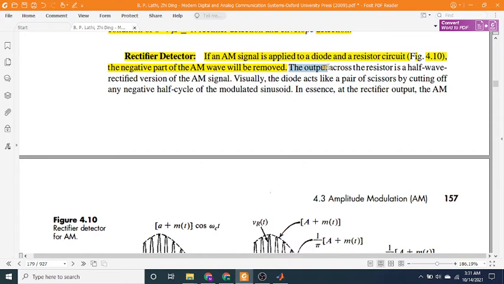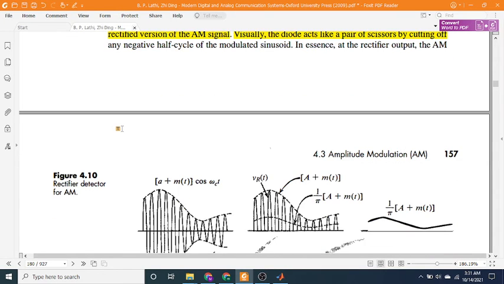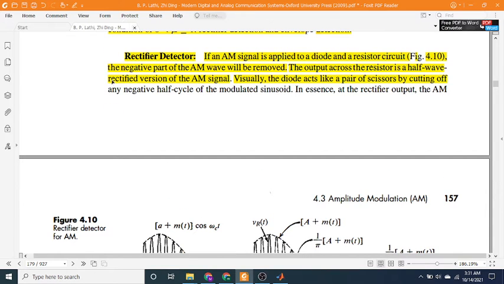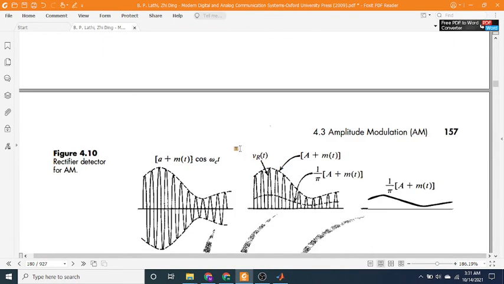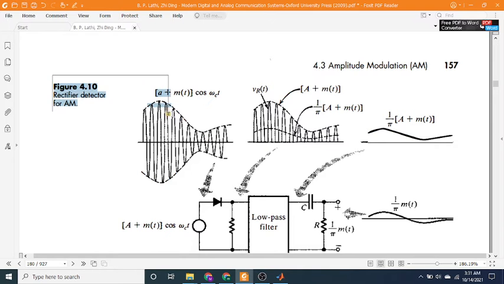The output across the resistor is a half-wave rectified version of the AM signal. Visually, the diode acts like a pair of scissors, cutting off any negative half-cycle of the modulated sinusoid.